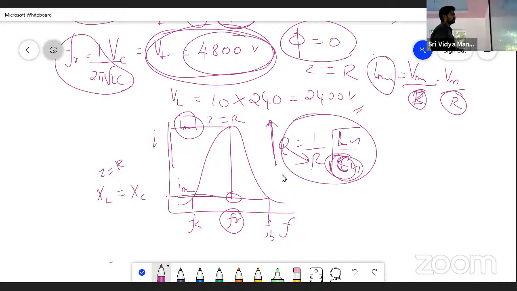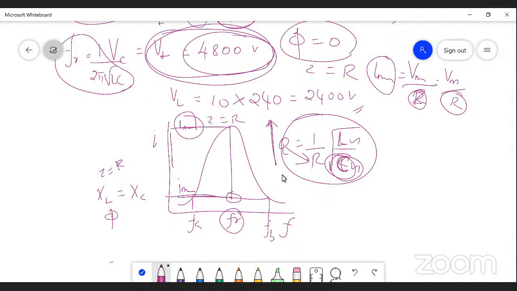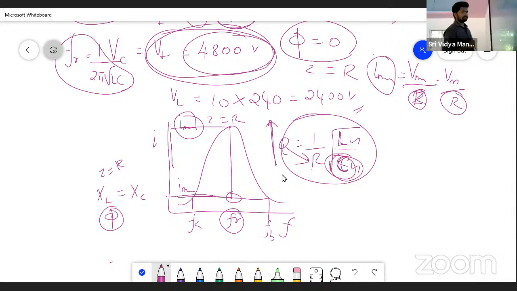XL is equal to XC. Very good. Next, what happened to the phase angle value? The phase angle becomes 0. Very good.